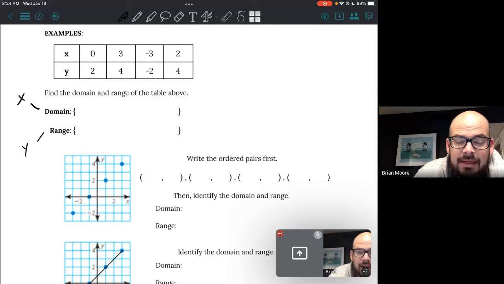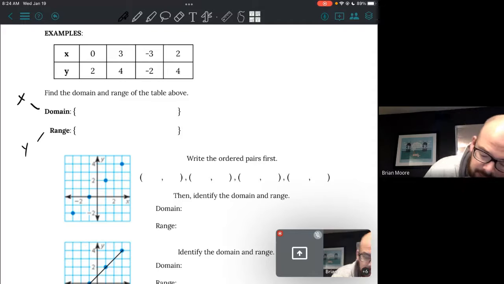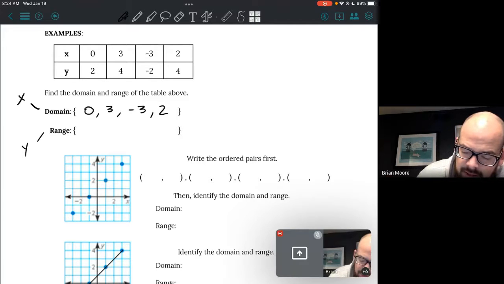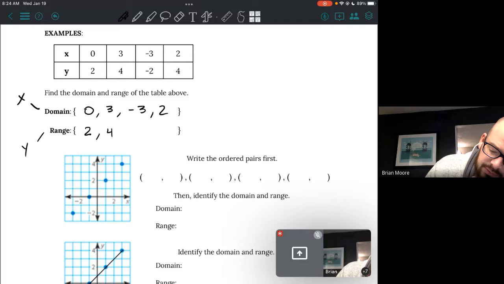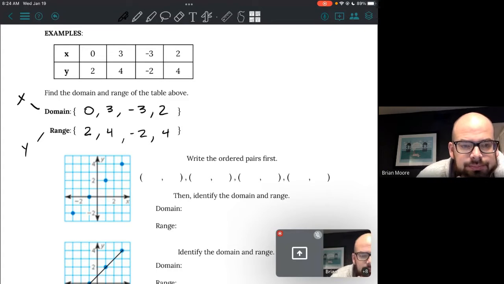The domain in a table is simply a list of the X values that are given: 0, 3, -3, and 2. The range is the list of the Y values given: 2, 4, -2, and 4. That's it. That is how you identify the domain and range of a table.